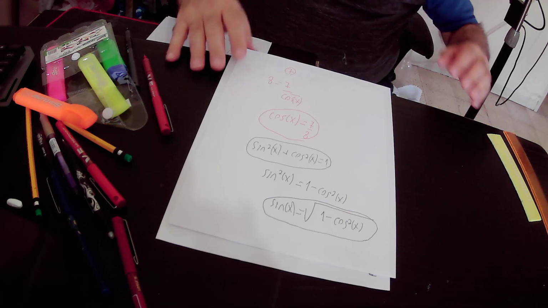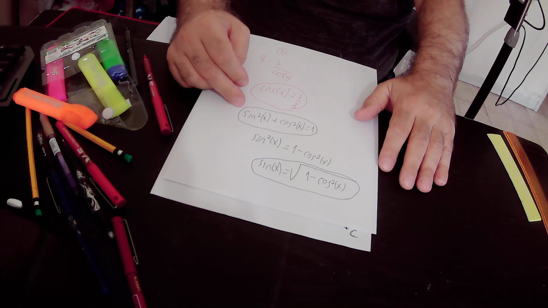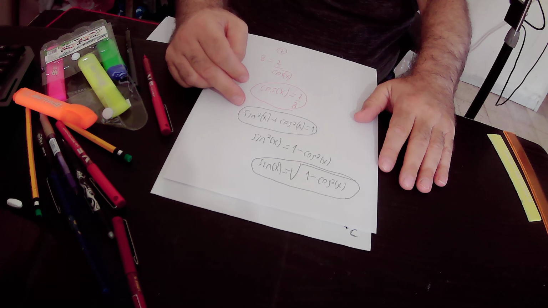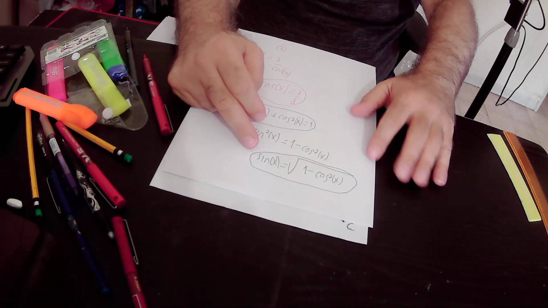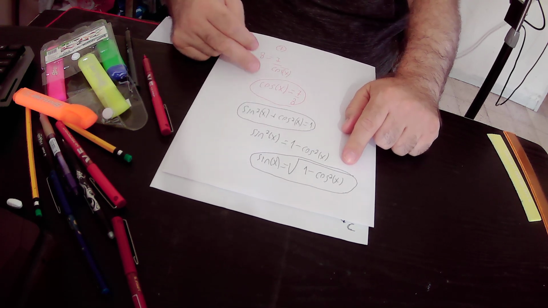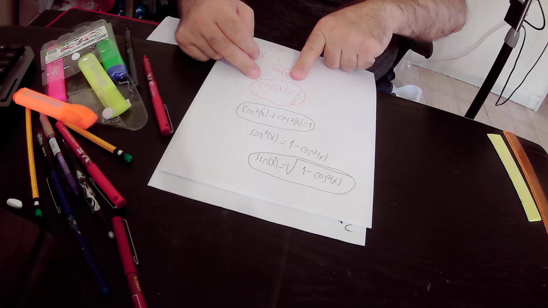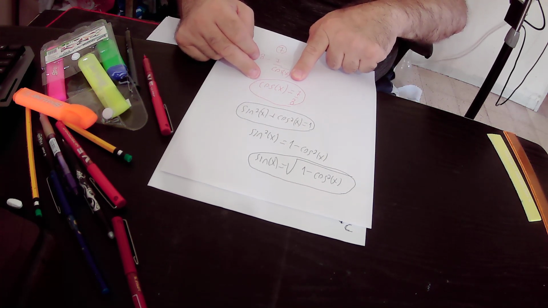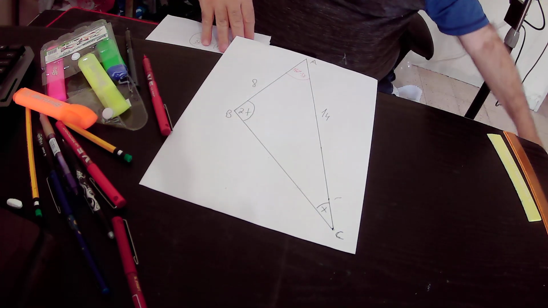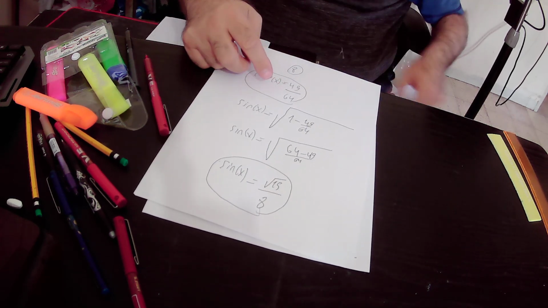Then I presented to you a new trigonometric identity: sine square x plus cosine square x equals 1. Therefore sine x equals the root of 1 minus cosine square x. We know that cosine x equals 7 over 8, so if we square this equality, cosine square x equals 49 over 64.